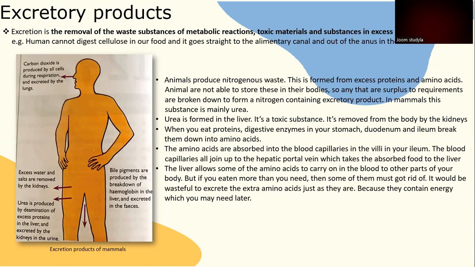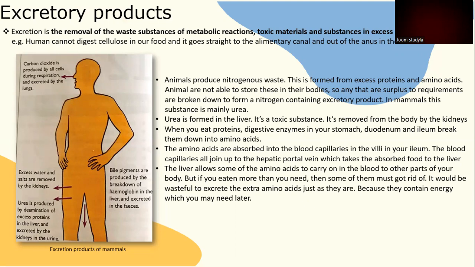When you eat proteins, digestive enzymes in your stomach, duodenum and ileum break them down into amino acids. The amino acids are absorbed into the blood capillaries in the villi in your ileum. The blood capillaries all join up to the hepatic portal vein, which takes the absorbed food to the liver.